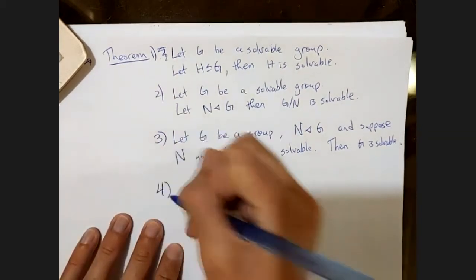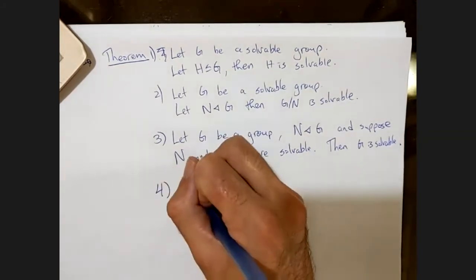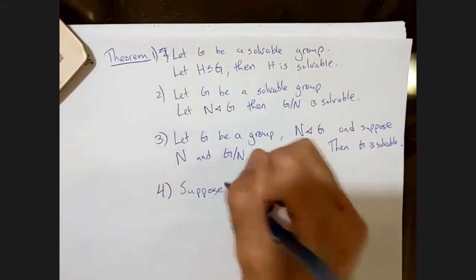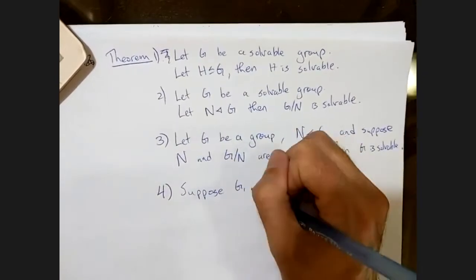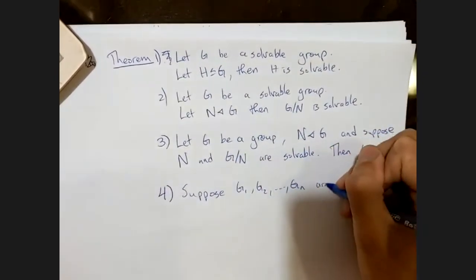And fourth thing, suppose G1, G2 to Gn are all solvable.